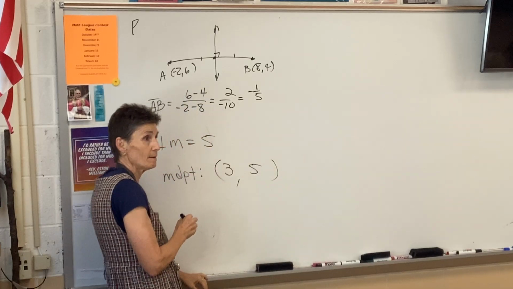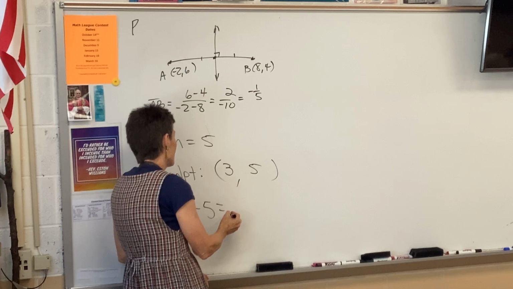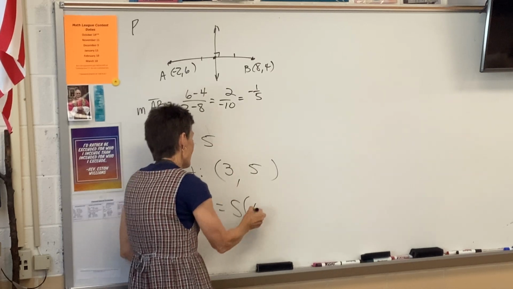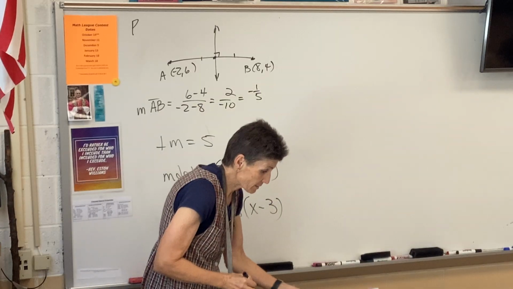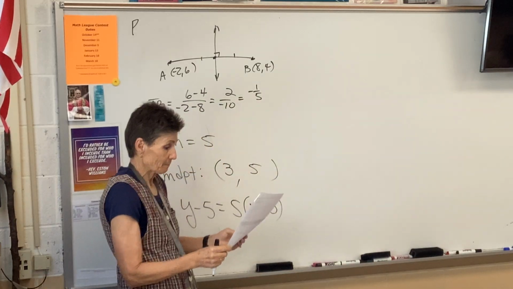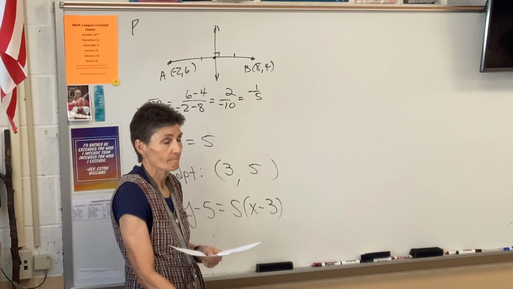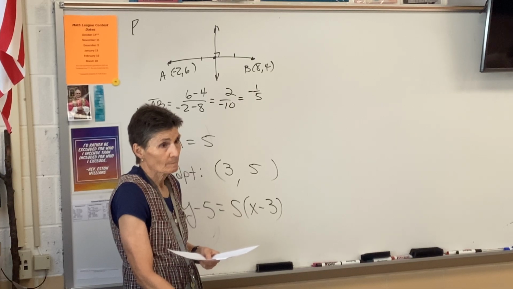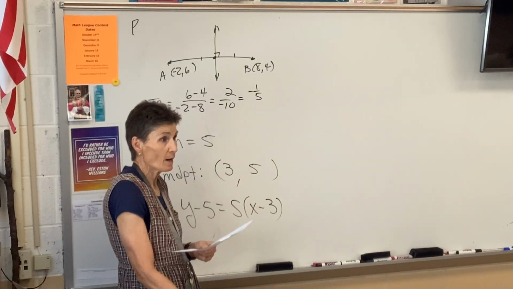Does that look okay? So y minus 5 equals 5 times x minus 3. And there's the point slope formula. Okay, what's your job? Ask questions, right? You have them? You good?